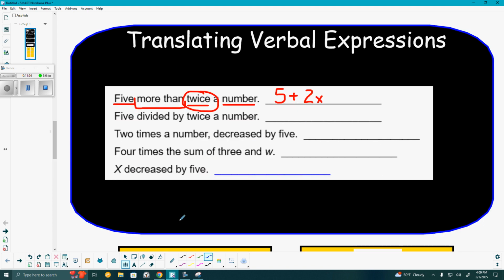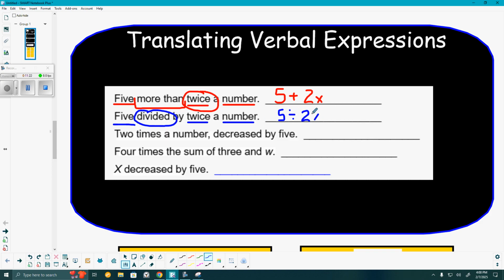Let's do another example. 5 divided by twice a number.